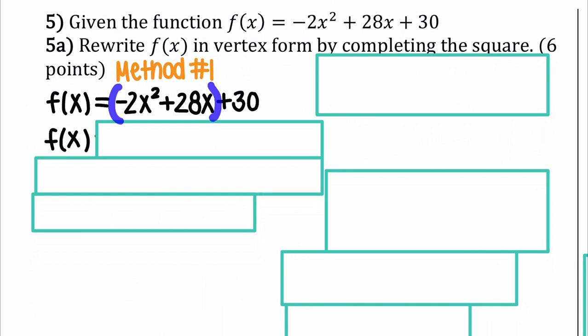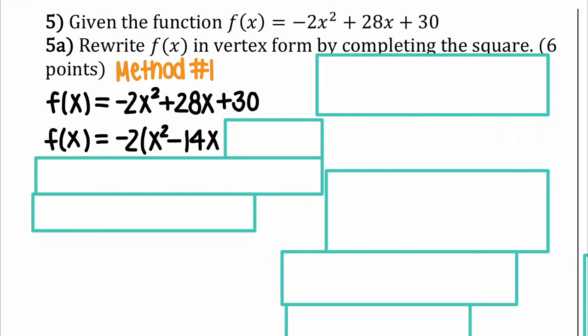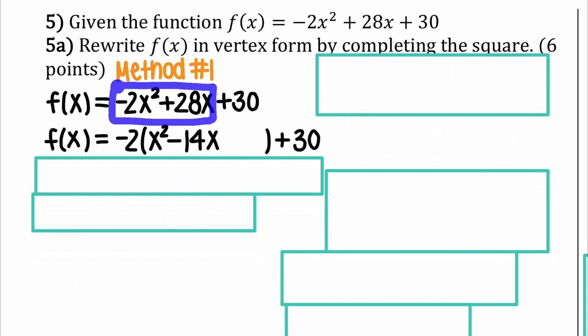So we have negative 2 times x squared minus 14x, and then leave a blank, plus 30. All we're doing so far is extracting a factor of negative 2 from the first two terms, and as of now, we have not changed the value of the equation. These two equations are equivalent.